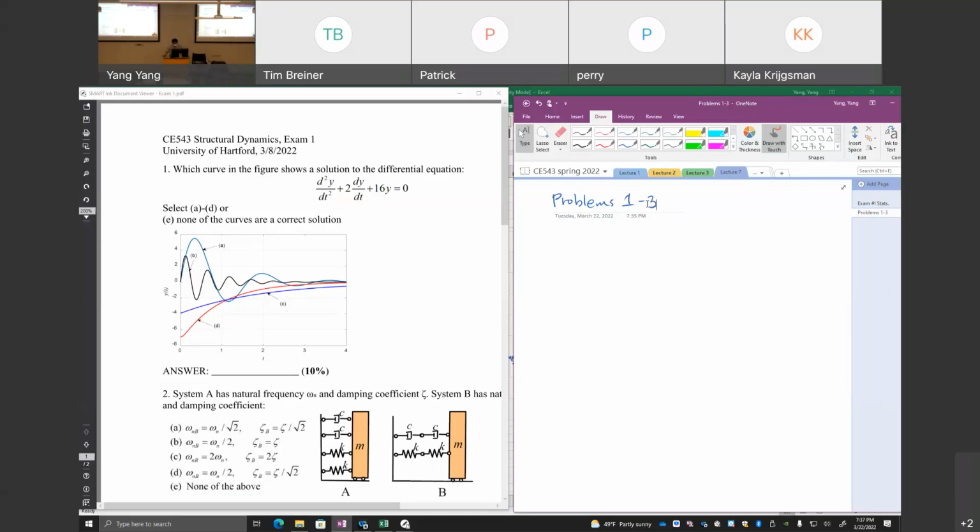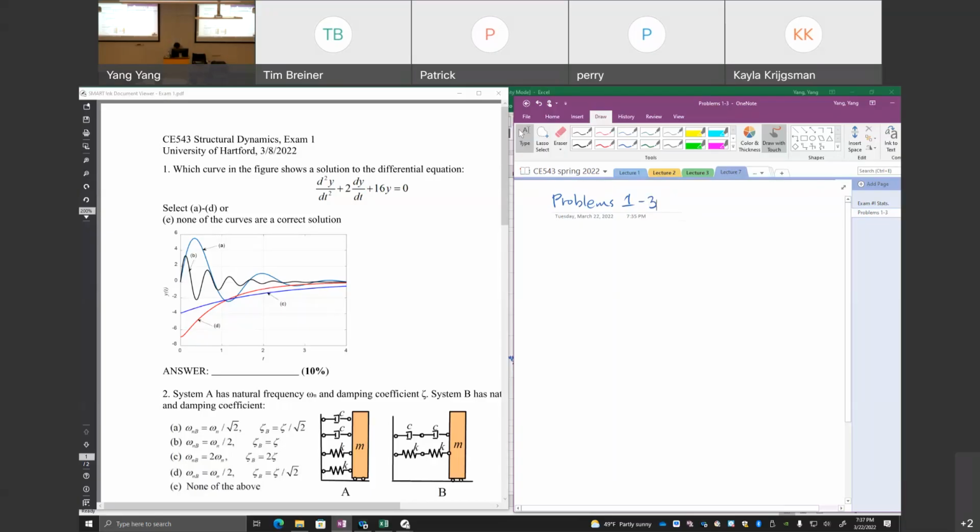And some of you treated this as a mathematical problem. That's okay, but the goal of this problem is to make sure you can compare the mathematical equation with the problem we have already discussed a lot recently. If you look at this equation, this is an ordinary differential equation. This is very similar to the equation of motion.